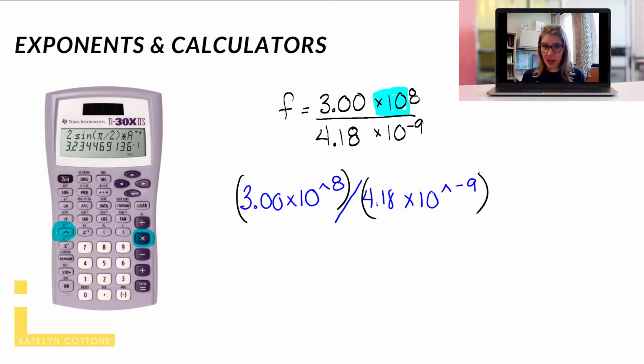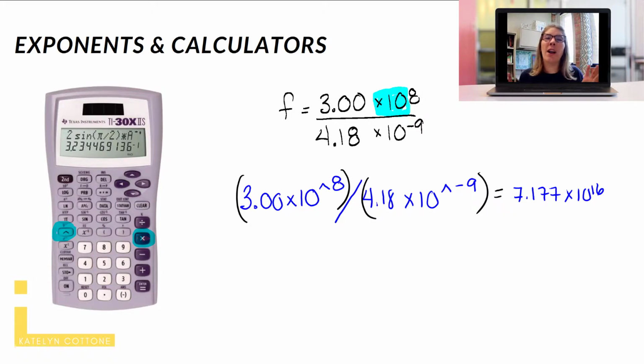But if you're going to do it this way, you have to put in parentheses, and then you'll get the correct answer. So if you put in your parentheses, you will again get your 7.177 times 10 to the 16th power.